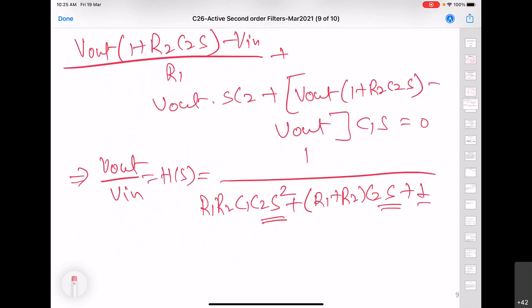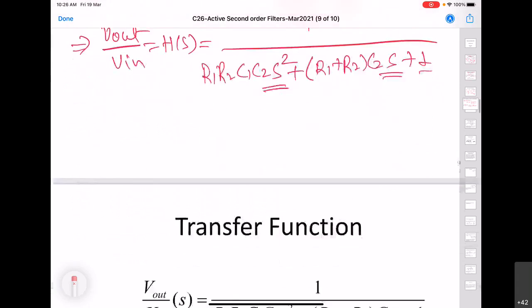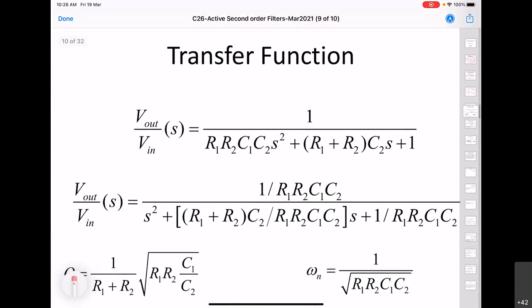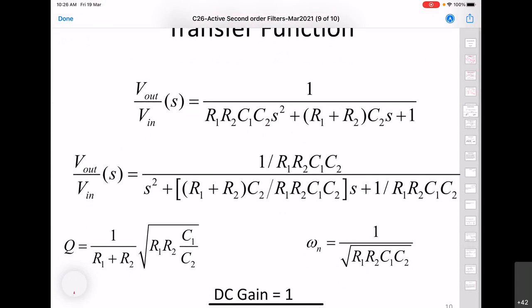So this gives rise to a second order transfer function, and that too of low pass type, because the numerator is 0th order. So this is the transfer function we have derived.